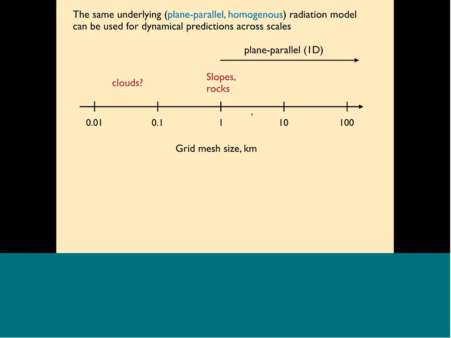At even smaller grid meshes, you have the problem of clouds, which are quite horizontally variable, and you've had the experience of them casting shadows. You've also, if you were paying careful attention, had the experience of radiation escaping from the sides. It's not clear that this is relevant, though, for dynamical prediction.